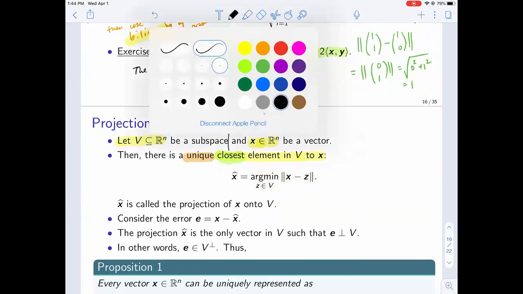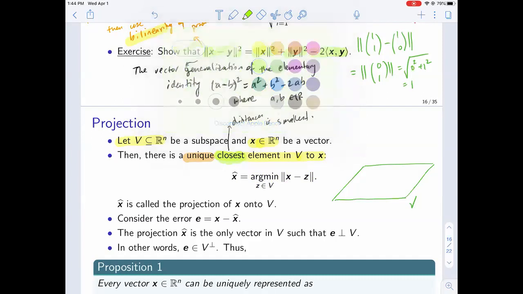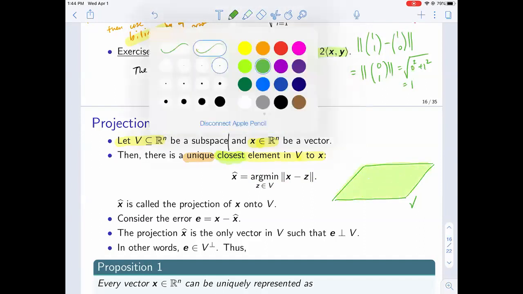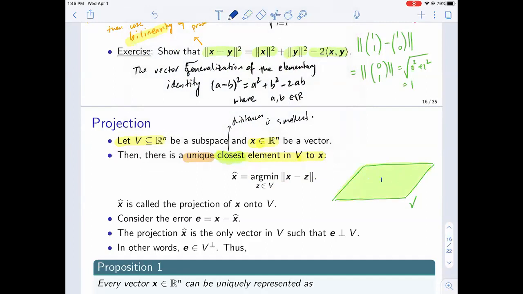So the idea here, let me show you maybe the picture. So I have a V here. That's my space, the space V. And then I have an X, which is not necessarily in V. And then I'm looking for z's here that are in V, but whose distance is closest to this.